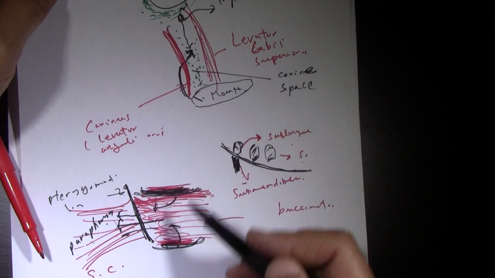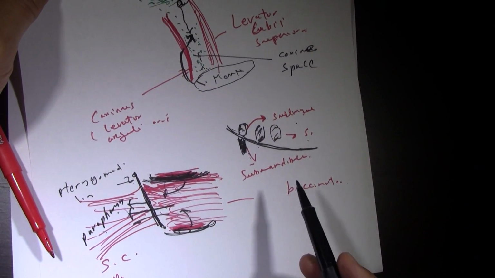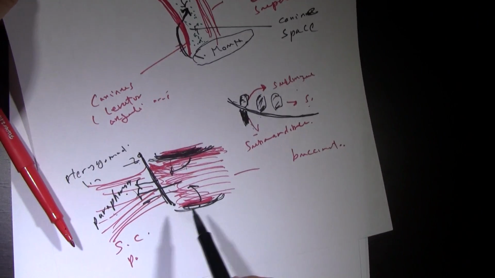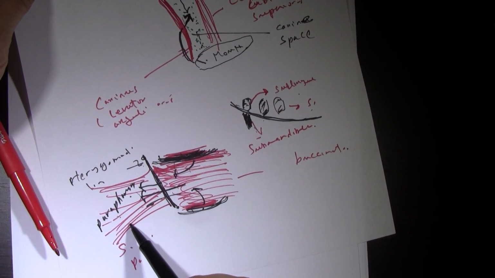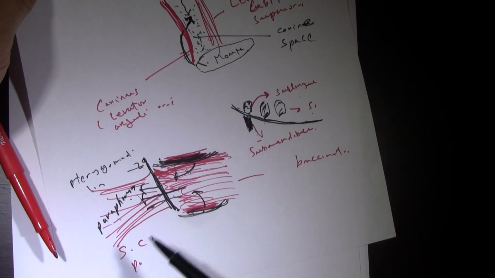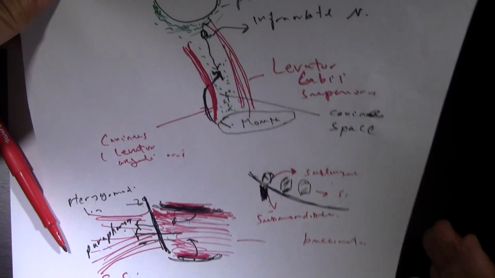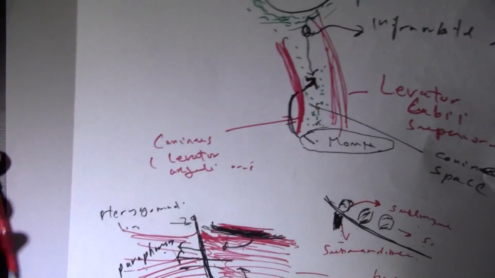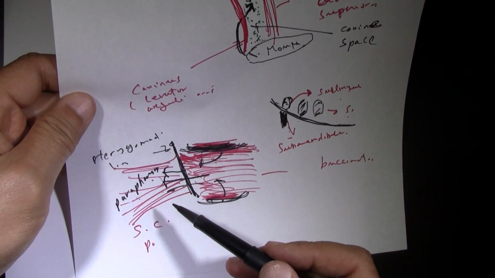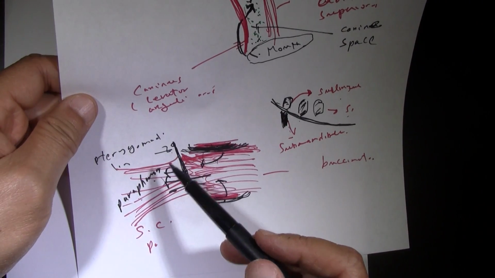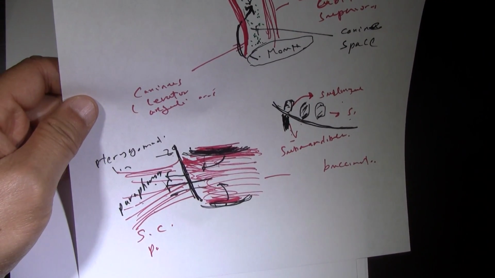However, in mandibular teeth, it can go to sublingual, submandibular, and also buccinator, buccal space, and also extending backward to the parapharyngeal and the pterygomandibular. Okay. So everything, once it comes to parapharyngeal, there is a possibility to go retropharyngeal and extend down to the mediastinum.